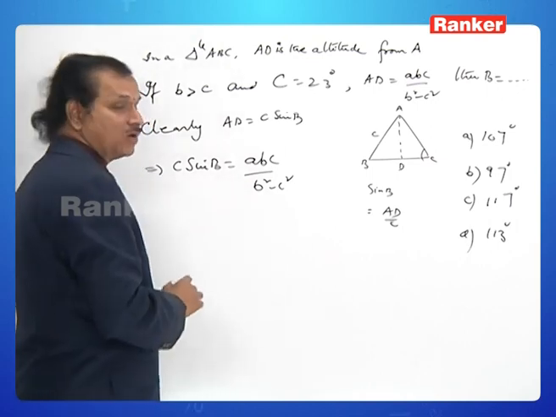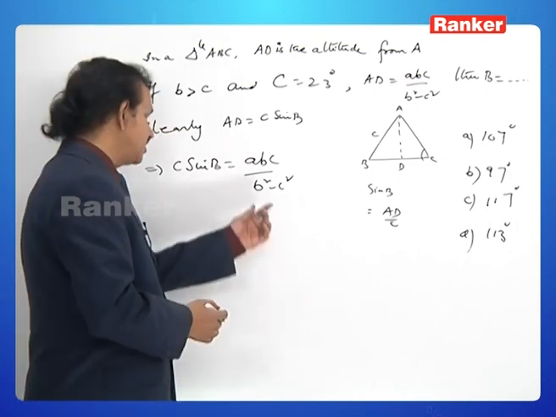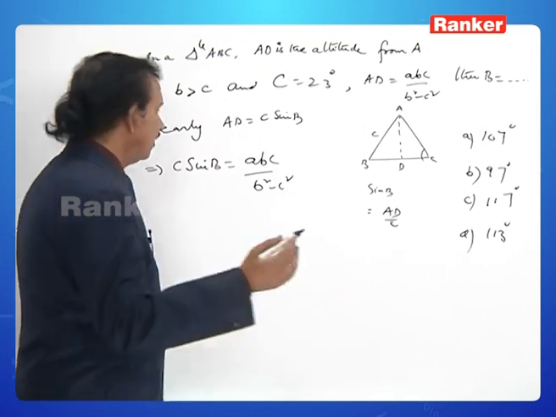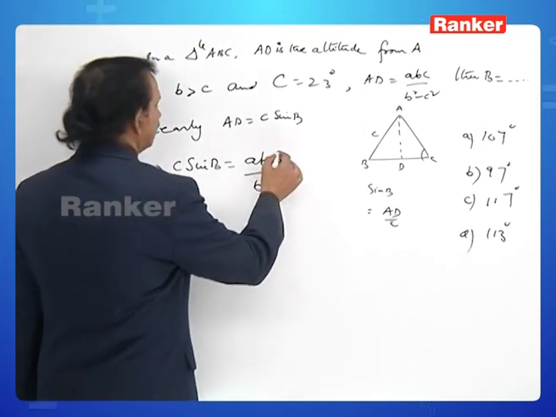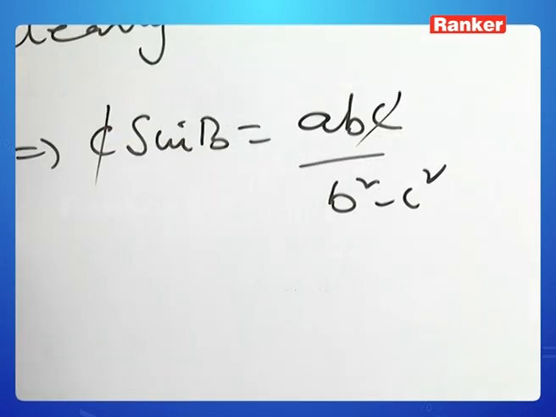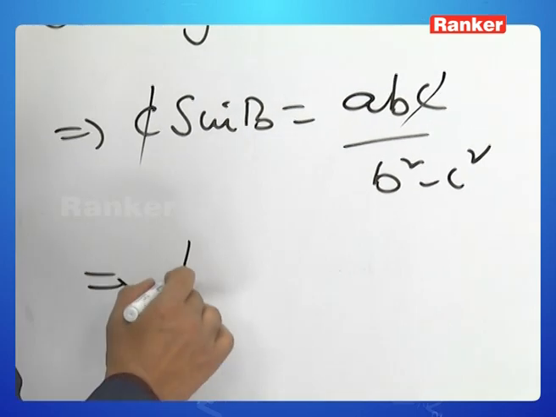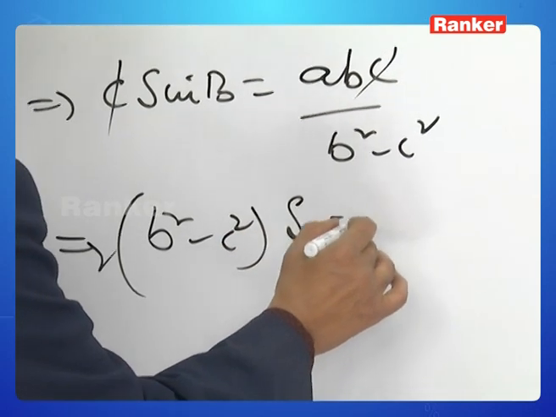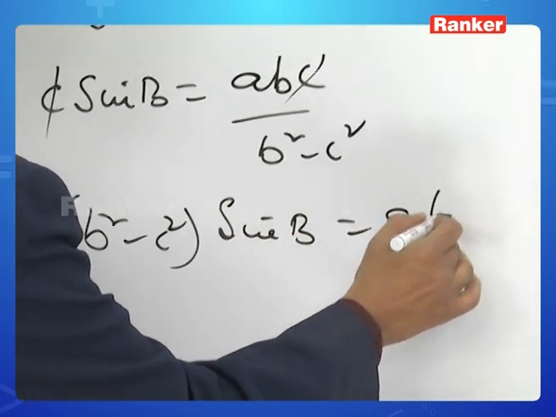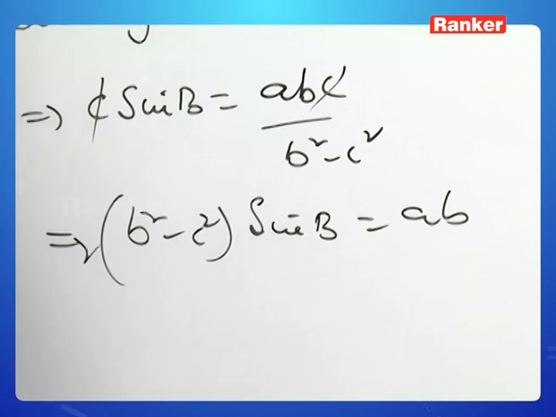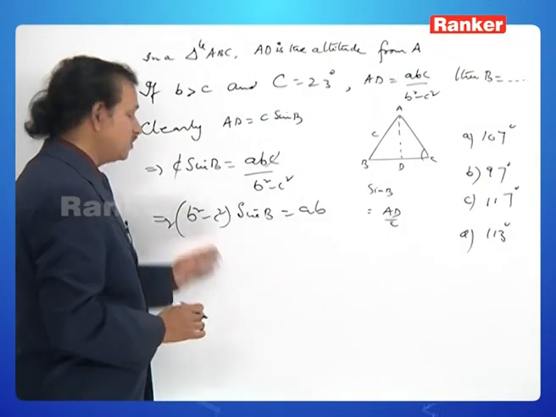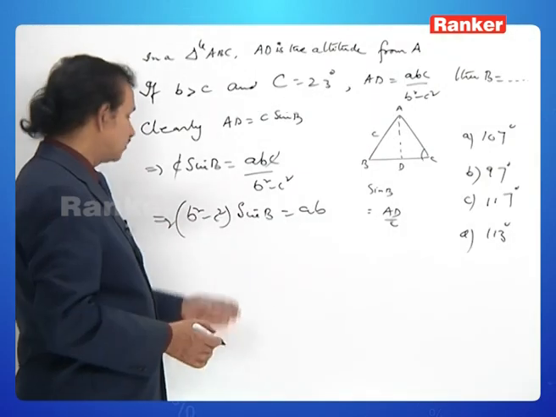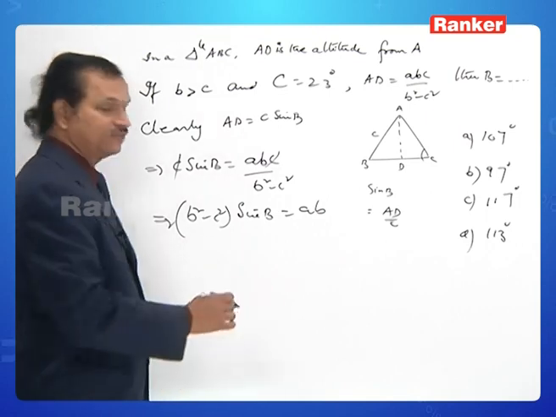He has given one more thing, B is greater than C. That is, this is surely positive. Okay. We can cancel c on both sides, so that we have B square minus C square into sin B is equal to AB. What is B square? 2R sin B whole square. What is C square? 2R sin C whole square.